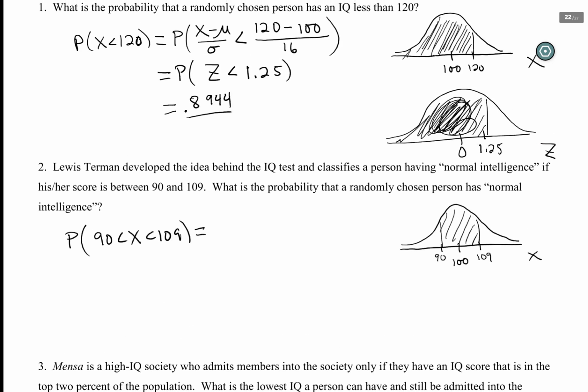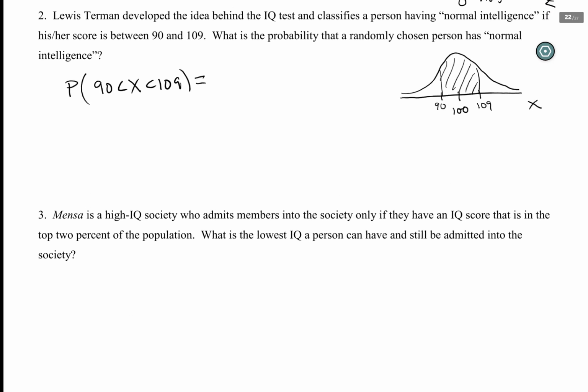Like the previous problem, I'm going to transform X into Z so I can use my standard normal table. So I'm going to run everything through the Z transformation: 90 minus 100 over 16 is less than X minus mu over sigma, which is less than 109 minus 100 divided by 16.